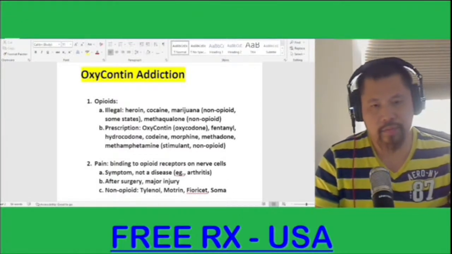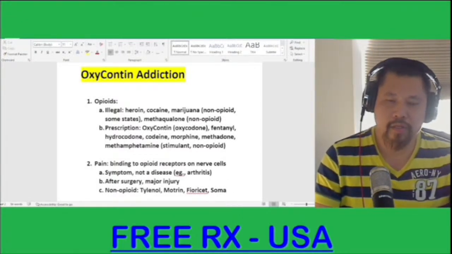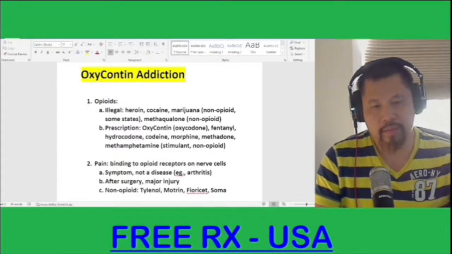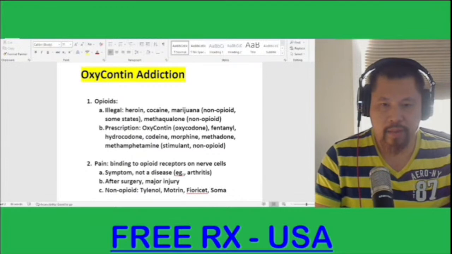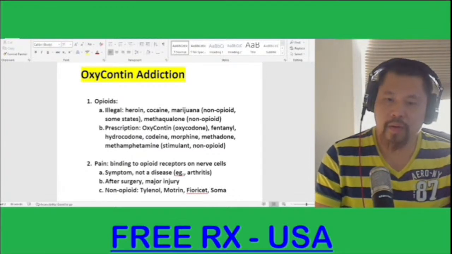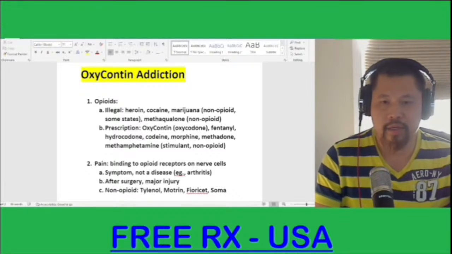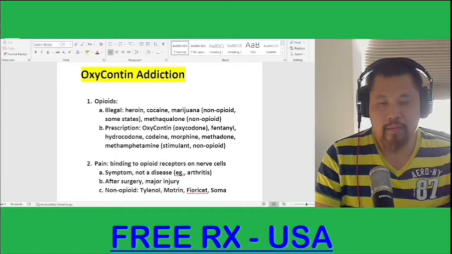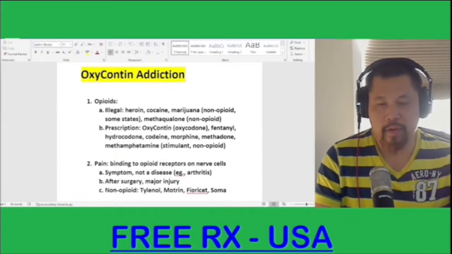OxyContin addiction. OxyContin is an opioid. Some illegal opioids include heroin, cocaine, and illegal non-opioid drugs such as marijuana and methaqualone. Marijuana may be legal for medical treatment in some states.